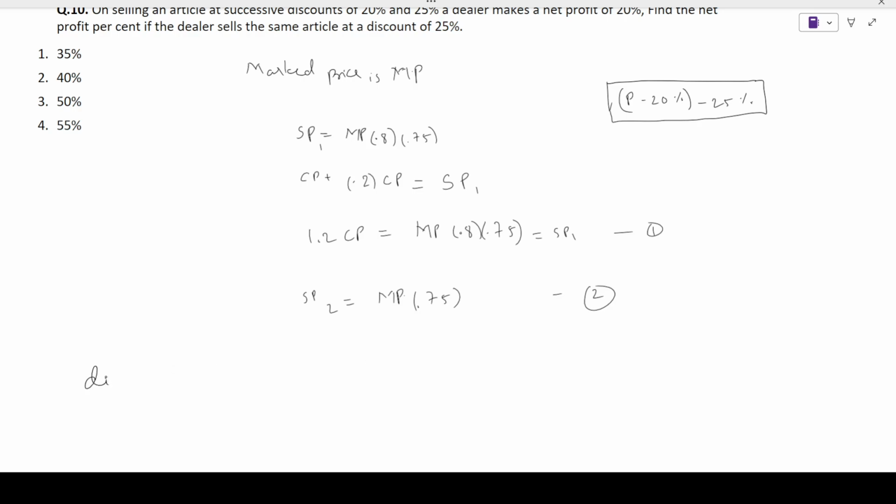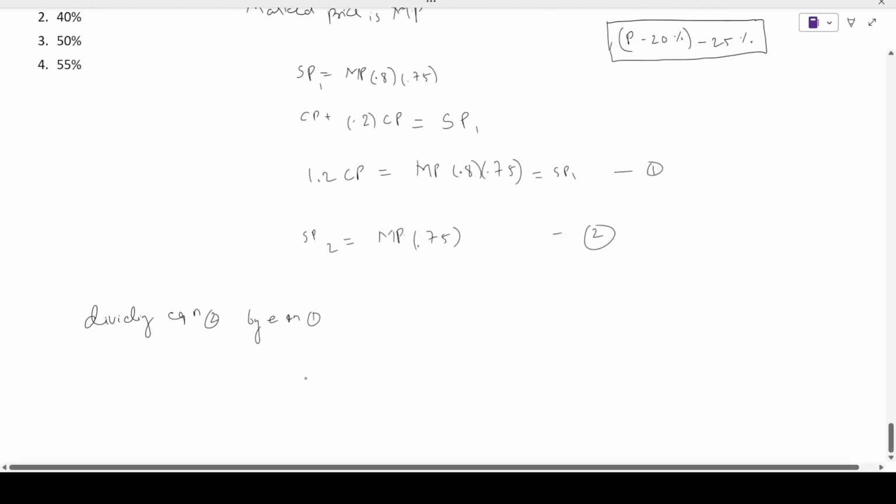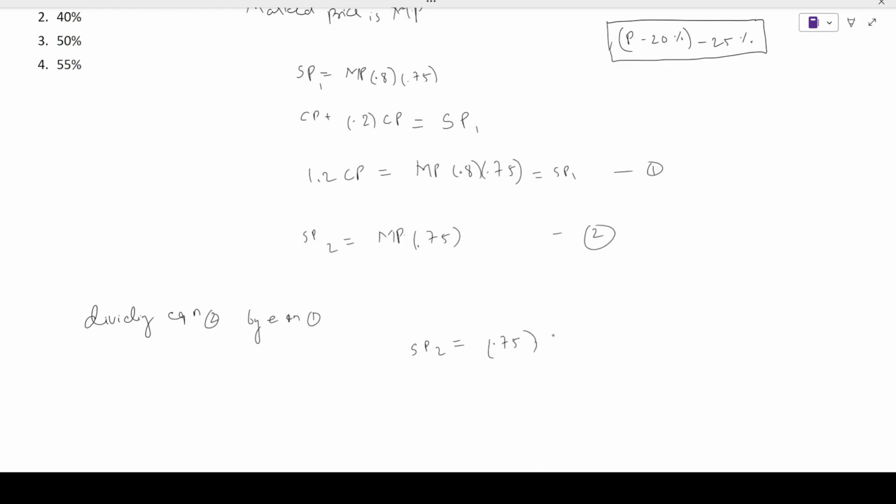Dividing equation 2 by equation 1, SP2 is equal to 0.75 times of marked price divided by 1.2 times of cost price, and 0.8 into 0.75 times of marked price. Marked price gets cancelled out, 0.75 gets cancelled out.